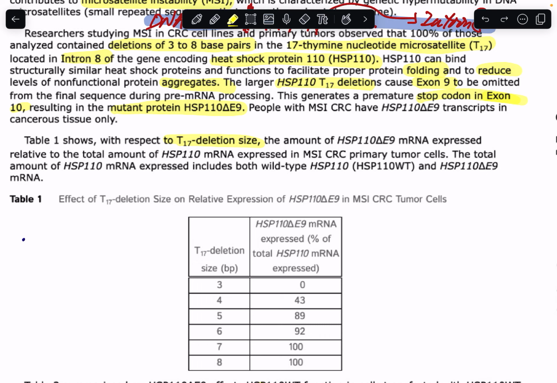So this is my dependent variable, the result I want to see from the table: as I have different T17 deletion sizes, how does it affect my mutant mRNA expression?